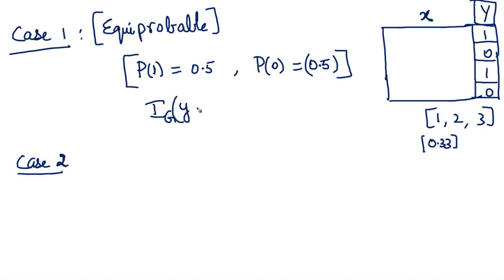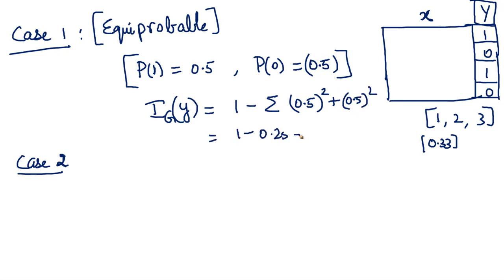Gini impurity of y here is nothing but 1 minus summation of the probabilities, that is 0.5 whole square plus 0.5 the whole square, which is nothing but 1 minus 0.25 minus 0.25.